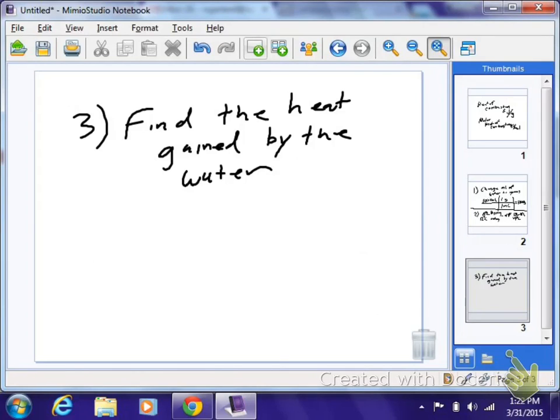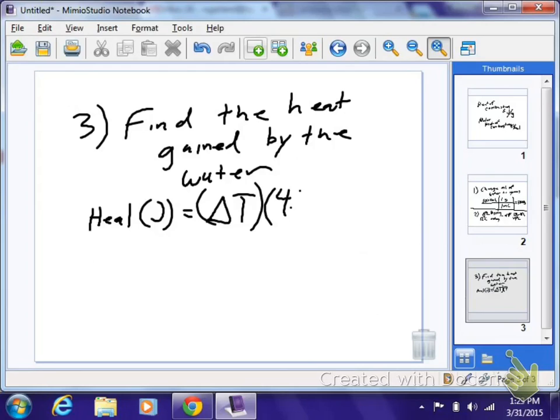That would say heat, and that would be in joules, equals the change in temperature times the specific heat of water, which says for every 4.184 joules, that's what the energy is going to need to change 1 gram of water 1 degree Celsius. So that would be the units.